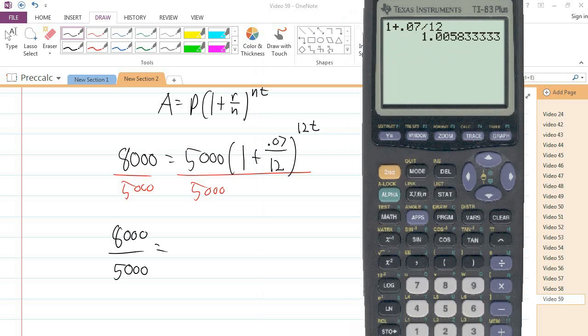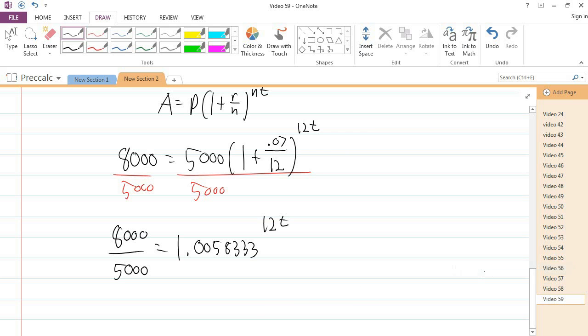That's the base of my exponent. So I'm going to round this: 1.0058333 to the 12t power. Now this is an exponential equation, and I have no chance to make these two bases the same.